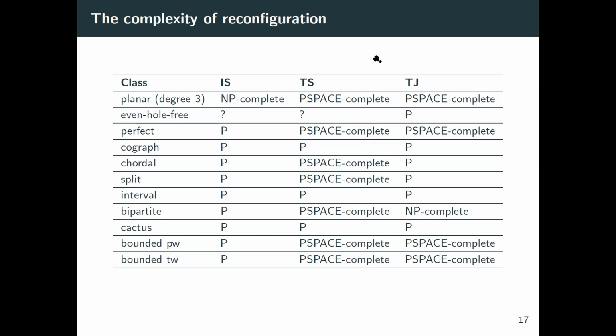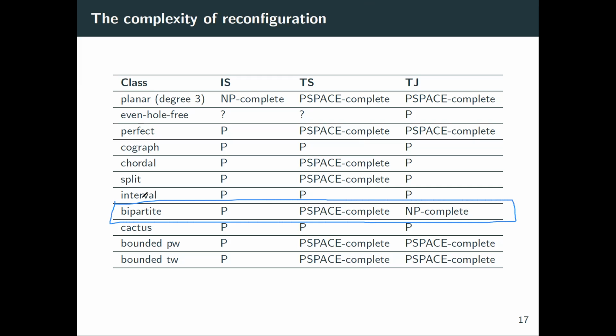So some of the important results for our paper that we're going to focus on is this result. That's going to be the starting point of the results that we will discuss next when we move to parameterized complexity. So the fact that token sliding and token jumping are PSPACE complete and NP complete respectively on bipartite graphs was the starting point of our next paper.